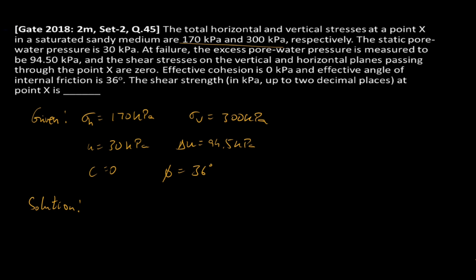So the equation of normal stress will be sigma n equal to (sigma v plus sigma h) divided by 2, plus (sigma v minus sigma h) divided by 2 cos 2 alpha.